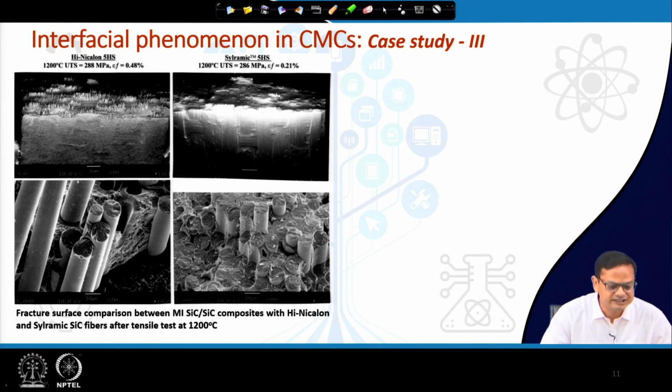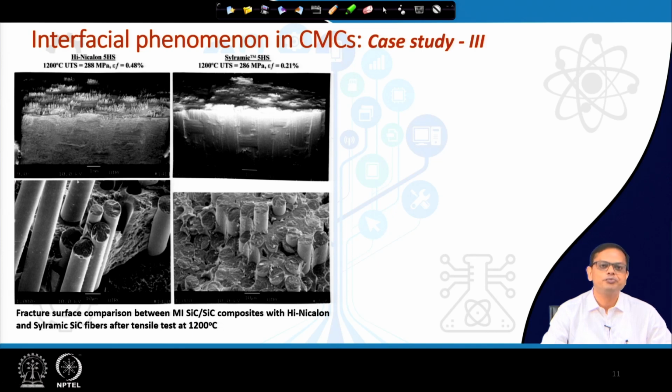So, what is the difference here? Only the fiber length. From there, what can we deduce? We can say that the fiber pull out mechanism is more pronounced in this case, is it not? The amount of fiber pull out is more here.